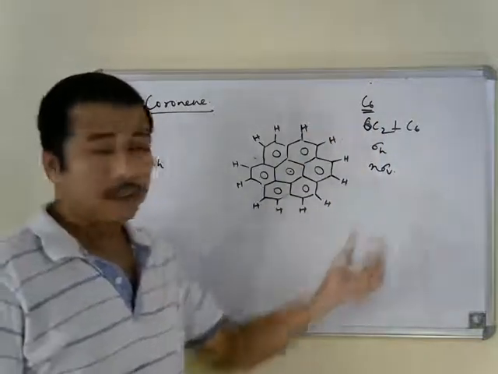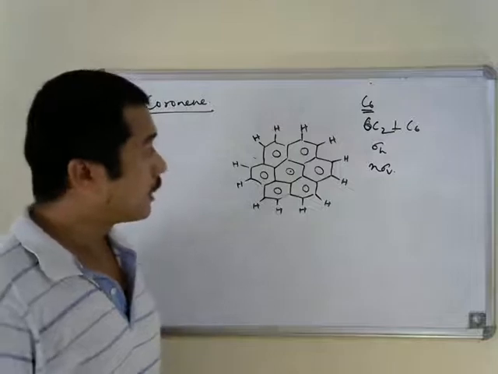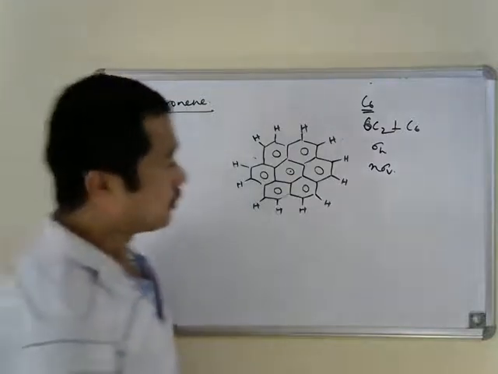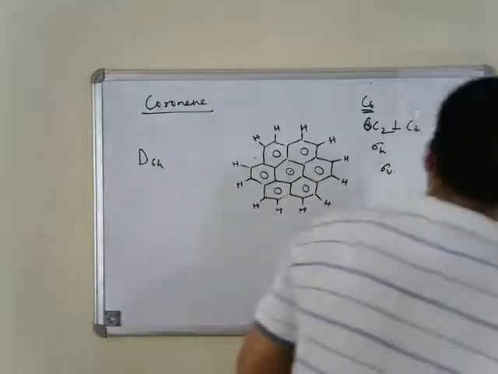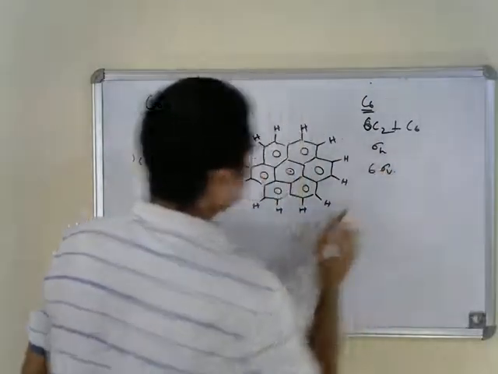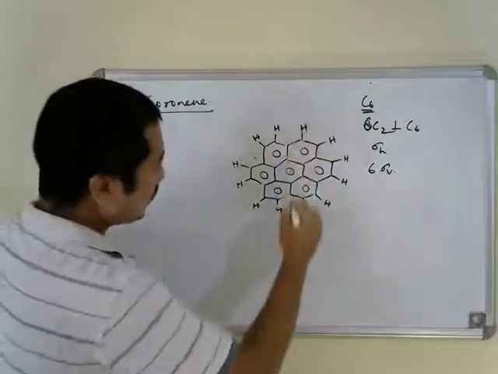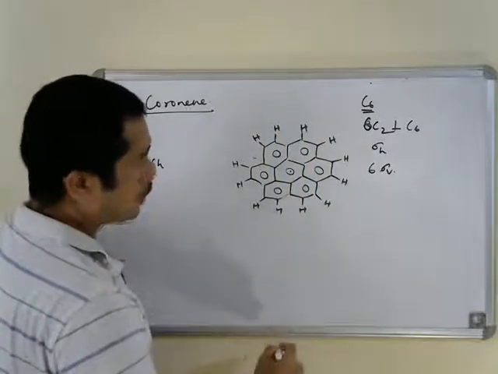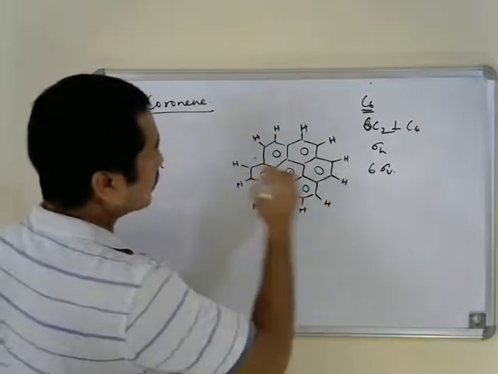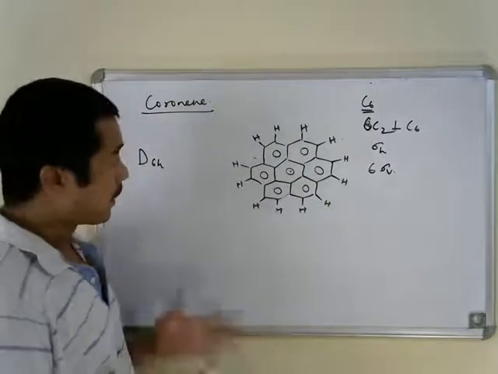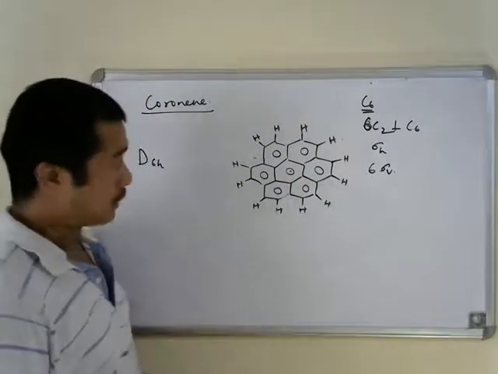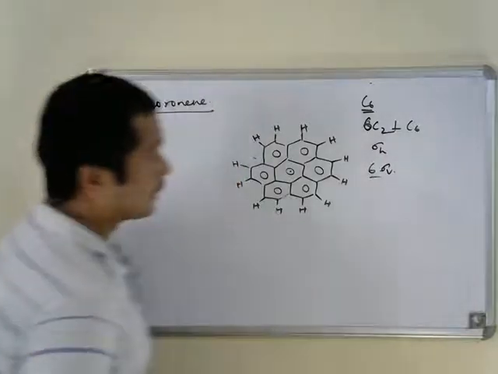So this is a mathematical requirement, and we do have these 6 sigma v's, which are along the direction of the C2 axes of symmetry. You can bisect the molecule along the directions where we have drawn the C2 axes, and these planes are going to be vertical planes of symmetry. So we do have 6 sigma v's.